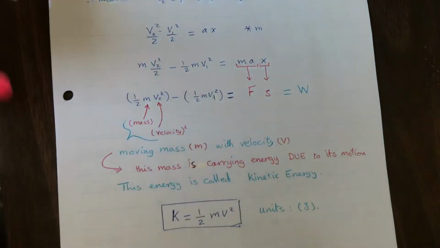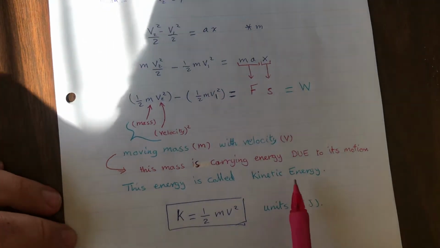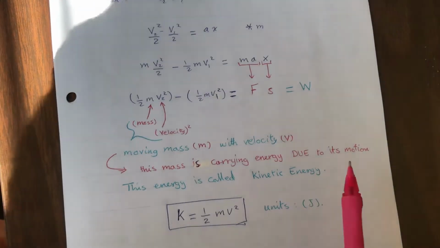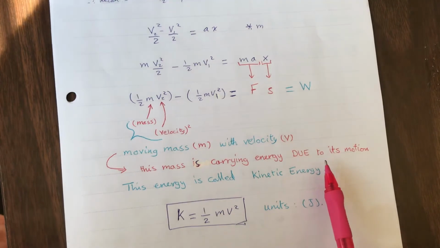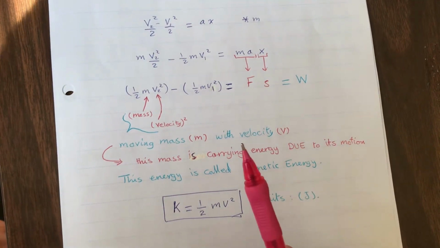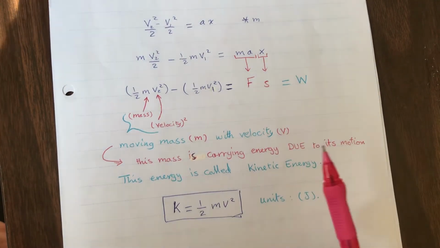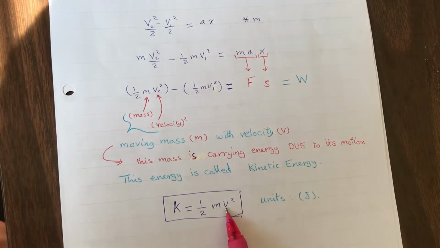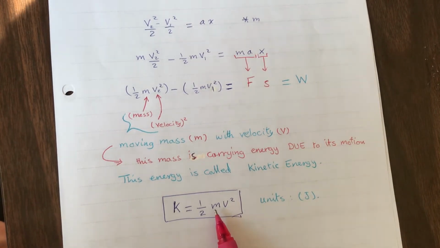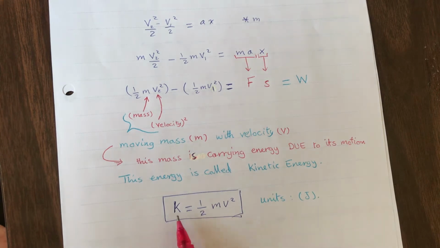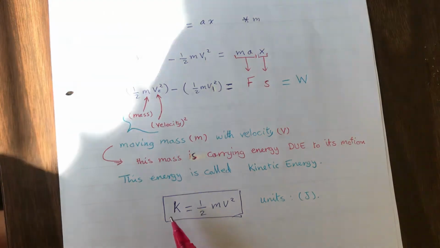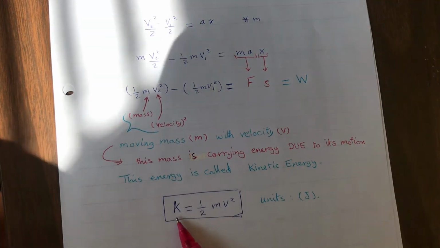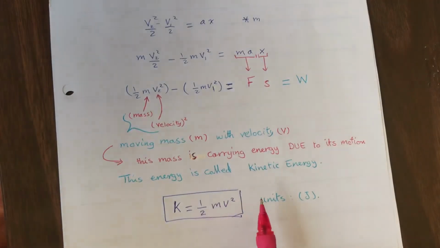The energy is called kinetic energy because it comes from its motion, because this mass has a mass and has a velocity. We need to square this velocity, multiply by the mass, and by half, and we will have a new form of energy, which is kinetic energy, and its symbol is K, and the unit of this energy is joule.